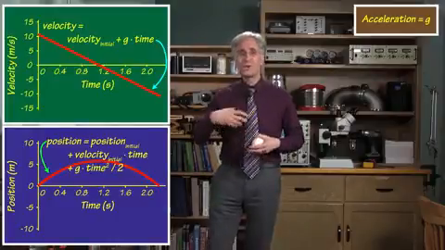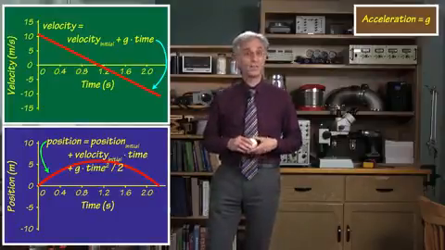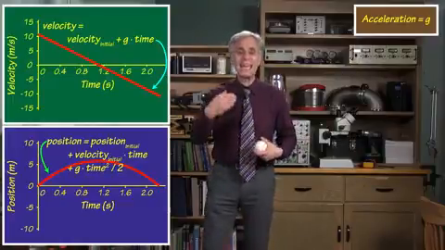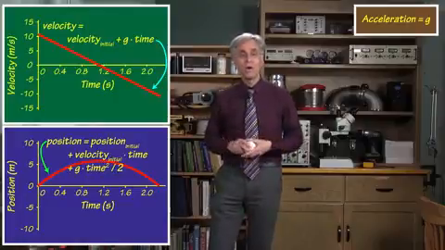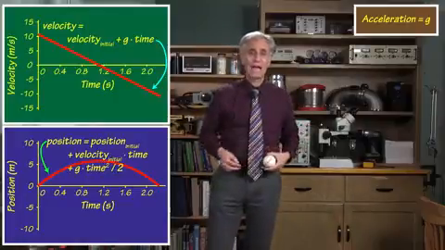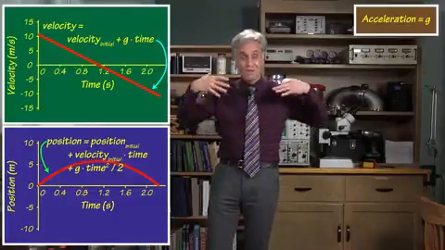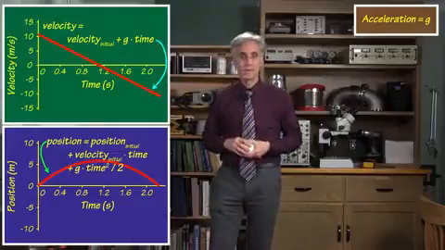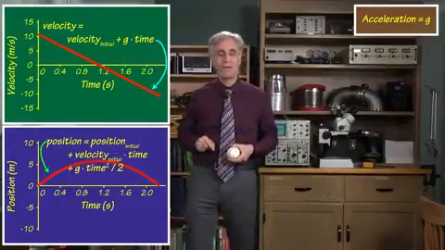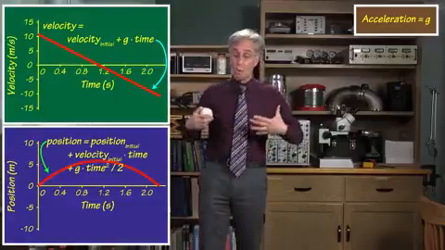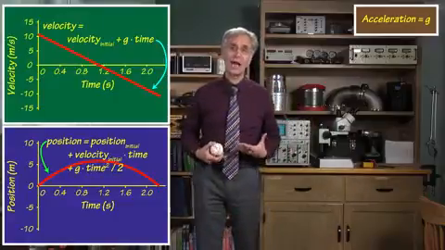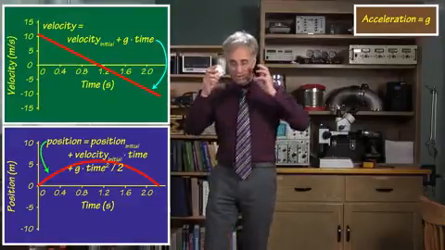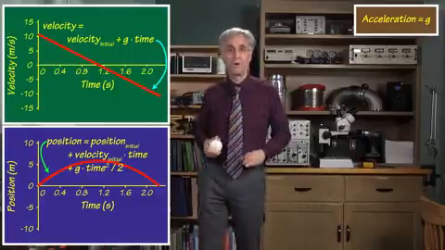First off, we should really allow for the ball to start its fall at a position other than zero. And if we do that, we add in the starting position. So the position at any given later time is equal to the starting position, that's the beginning, plus additional stuff. And what is the additional stuff we have to add in there? Well, once again, it's the average velocity of the ball over the course of its fall, from the moment we let it start falling until now, the moment in question.